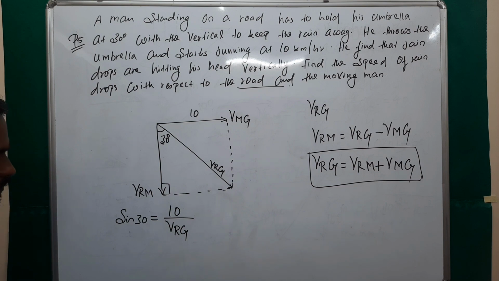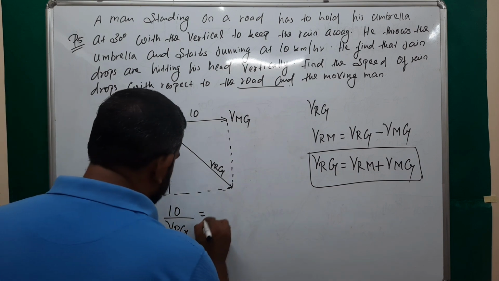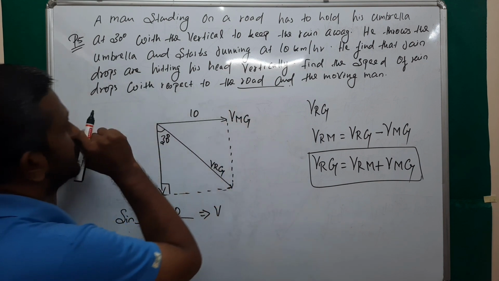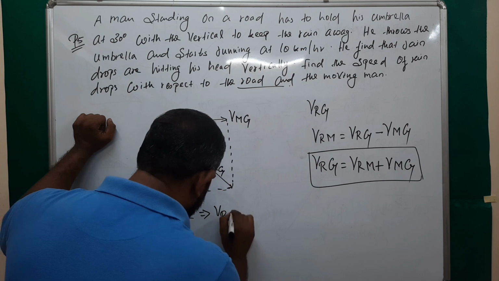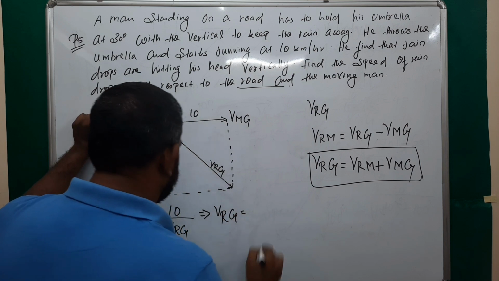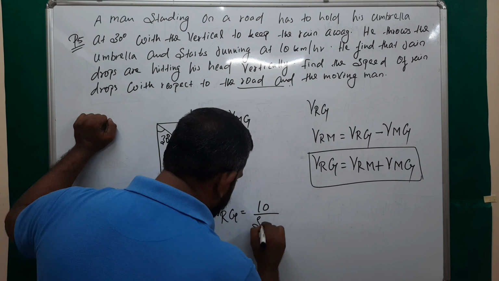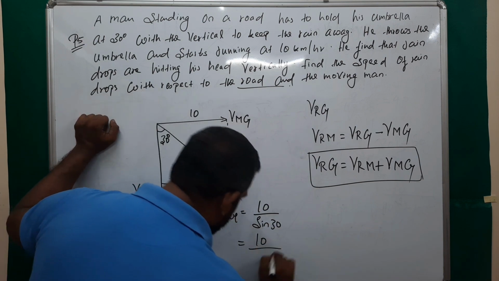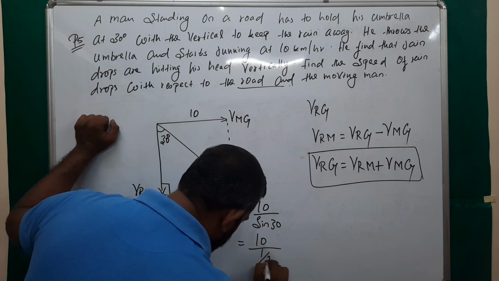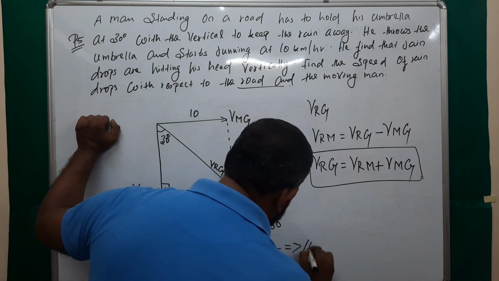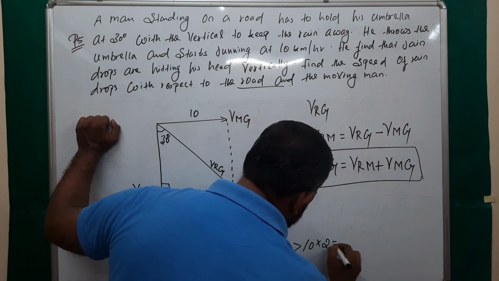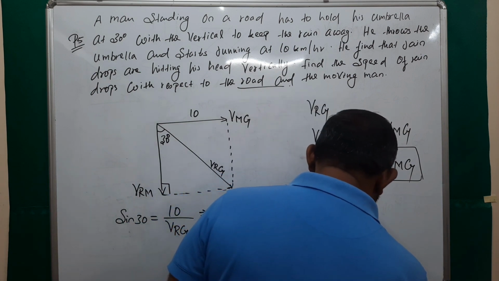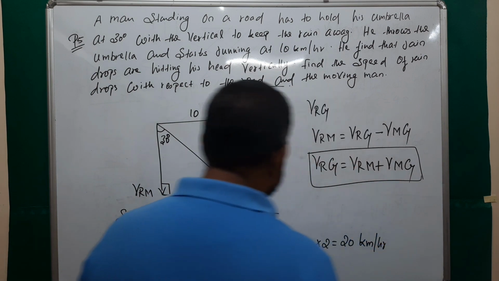So Vrg, the speed of the rain with respect to the road, is equal to 10 divided by sin 30. What is sin 30? That is 1 by 2. So 10 into 2 is equal to 20 kilometer per hour.